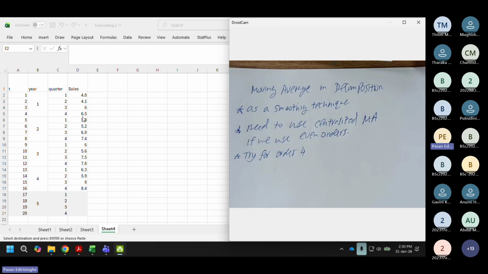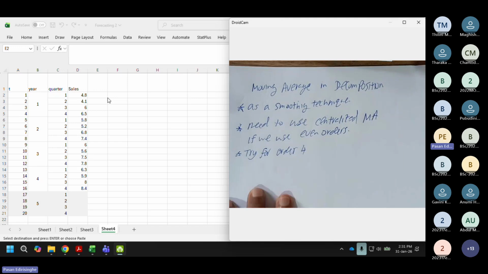Unfortunately, if you take the four of them, the average is somewhere on this line, so that's not including any of these two. That's why you need the centralized moving average. So once you take the average of the first four, and also the average of the first two, we put it on this line here, right?